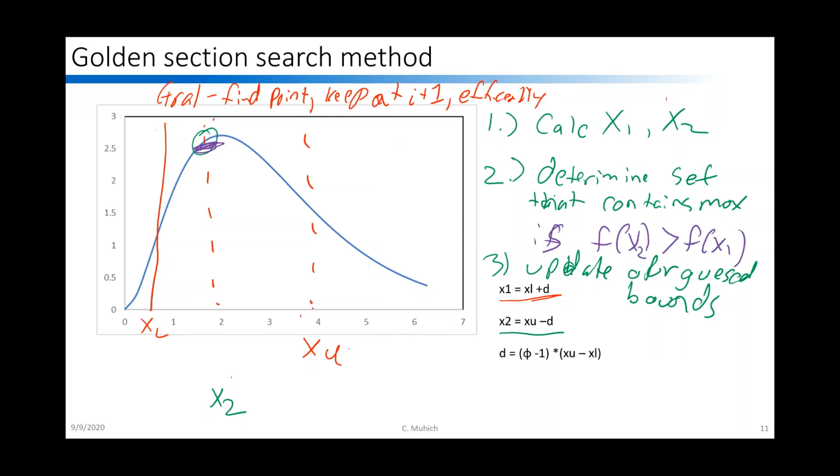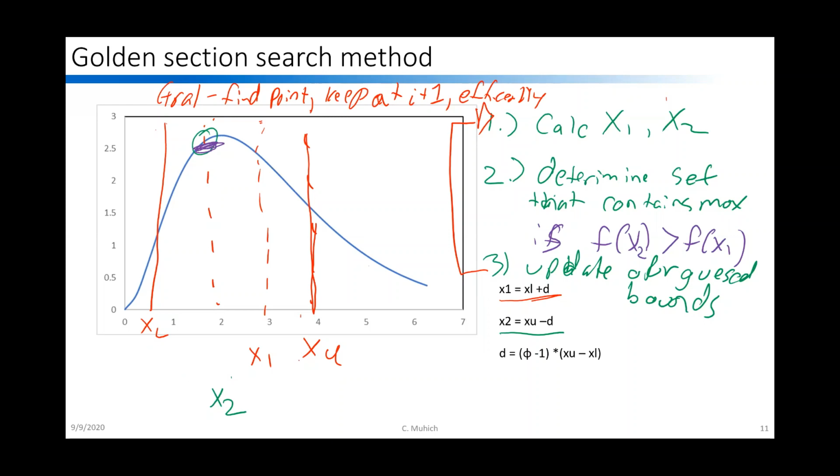So now we're ready to calculate a new x1. And you'll notice that this is picked very carefully so that this x2 is still going to remain x2. So I'm going to draw in a new x1, and we get to keep xl, x2, and xu.